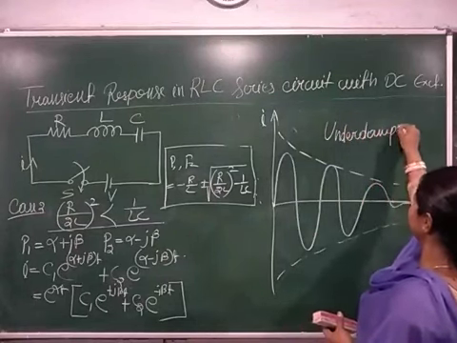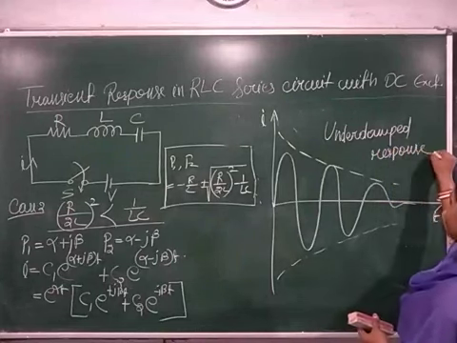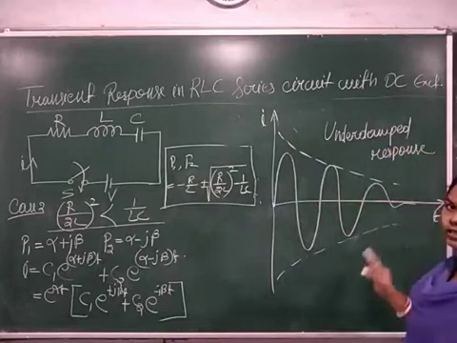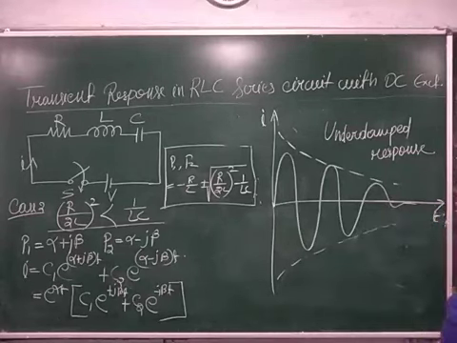Underdamped response means the response consists of both overshoot and undershoot. First it oscillates, then after some time it comes to its steady state value.